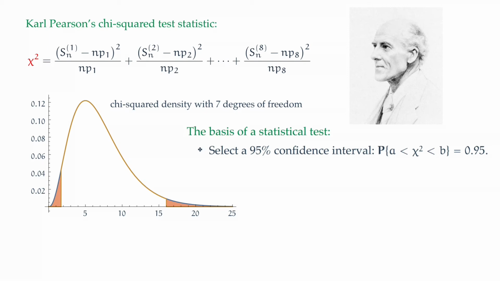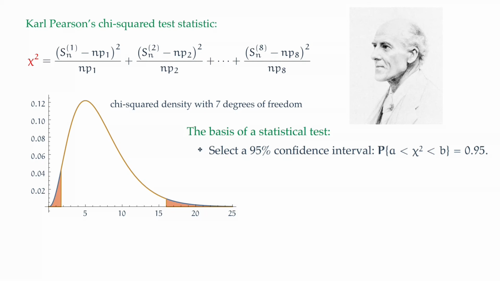Now, there are many ways of selecting an interval which captures 95% of the area under the chi-squared density. A natural way to try to do this is to split the difference, as it were, to choose an interval where 2.5% of the area is to the left and 2.5% of the area is to the right.